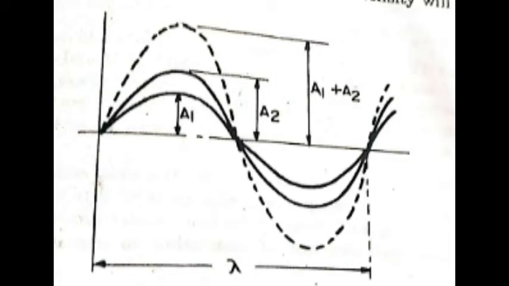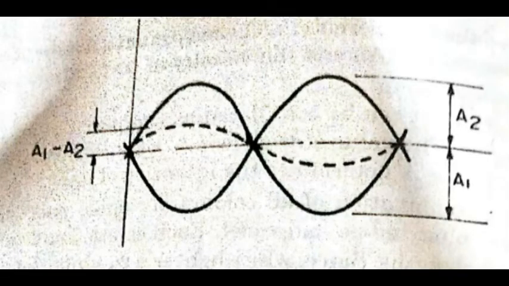If the waves are in the same phase, they will reinforce each other, and the resulting intensity will be the sum of the two intensities. If the two waves are out of phase, the resultant intensity will be the difference of the two. If both waves have the same amplitude and are in phase, the resultant amplitude and hence the intensity becomes twice, and the result will be a bright spot.